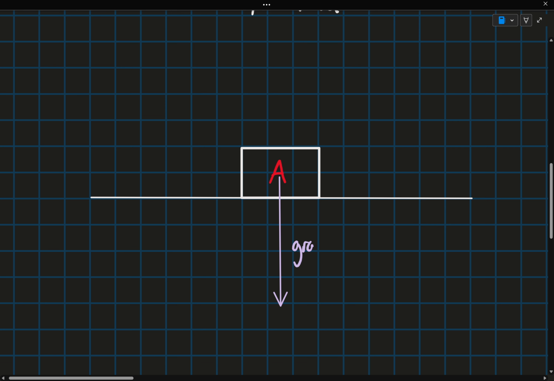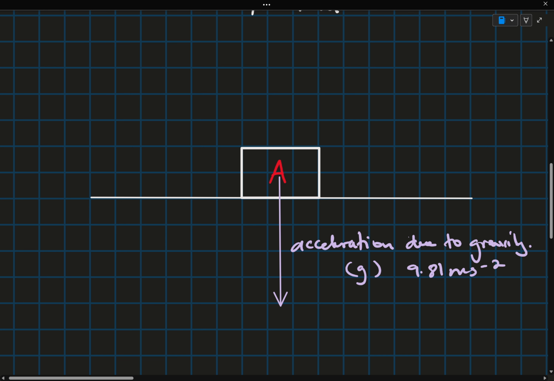Let me put it politically correct: the acceleration due to gravity, so the gravitational force. This is little g, which is 9.81 meters per second squared. So we have that acting on the object. Let me just check the chat real quick so I don't miss anything.